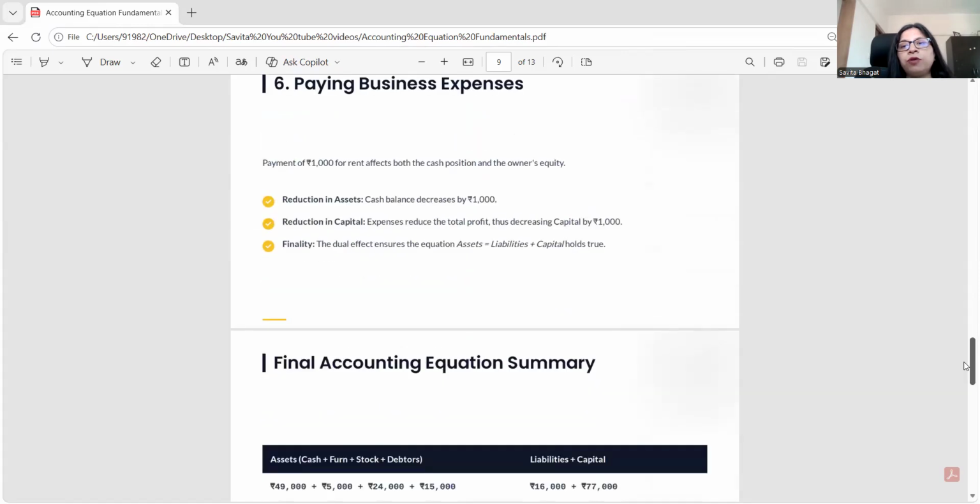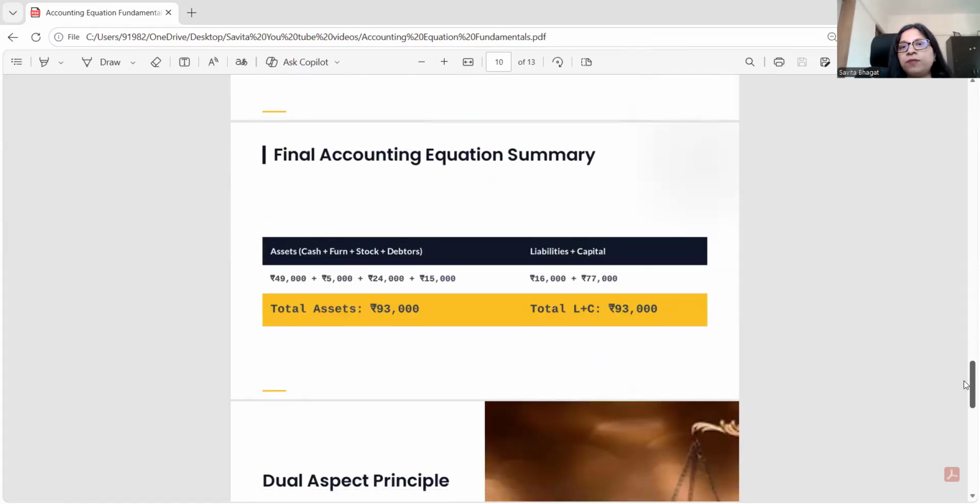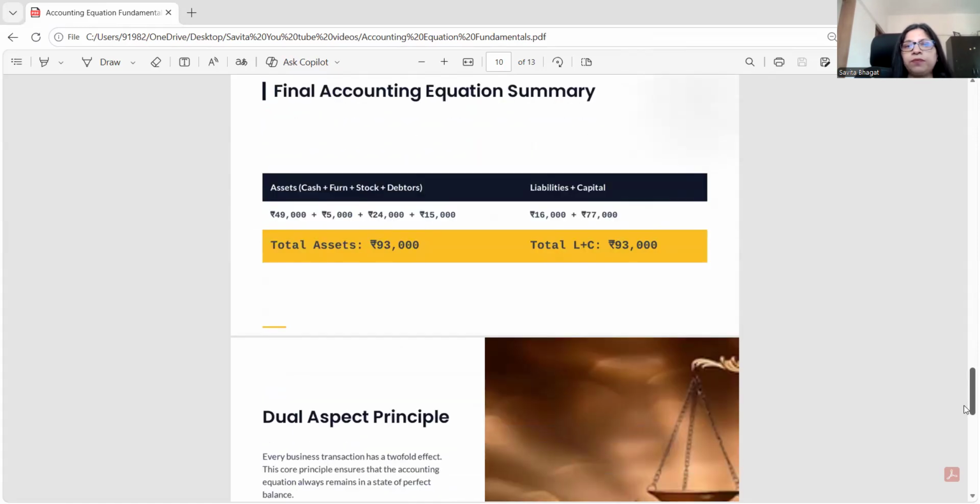So net would be 77,000. In total, the assets would be 93,000. Liabilities plus capital put together would also be 93,000. So the equation remains balanced. Assets is equal to liabilities plus capital.